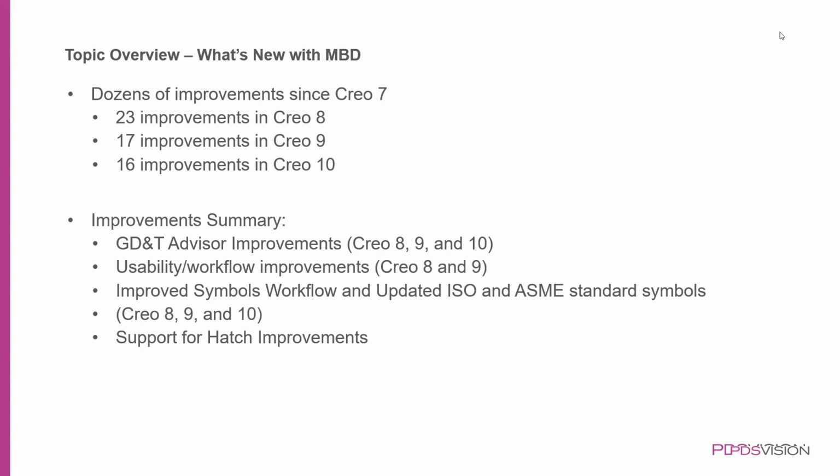So I'm going to spend a good amount of time in that tool today. Just a brief overview of that tool. It's going to greatly improve the easiness of creating GD&T. It's going to check for syntax, tell you you've made mistakes.